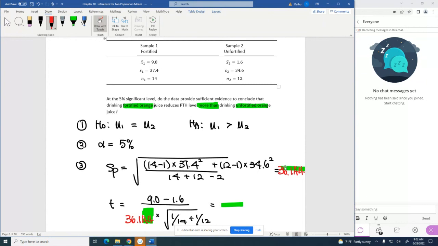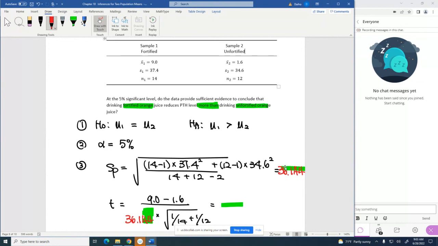Anybody who got the denominator for the t-score, the test statistic? Let me double check. How many decimals? Four is better. Yes, 14.219.